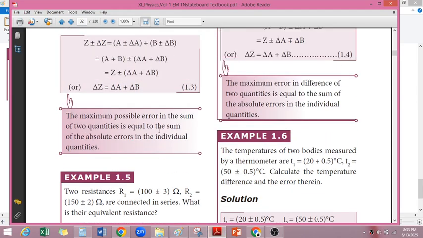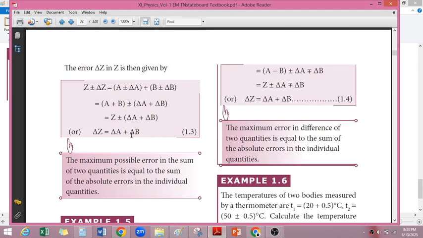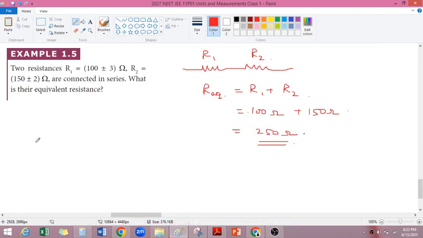So there is a formula for this: del Z is equal to del A plus del B. So del of R equivalent is equal to del of R1 plus del of R2. Del means this error.